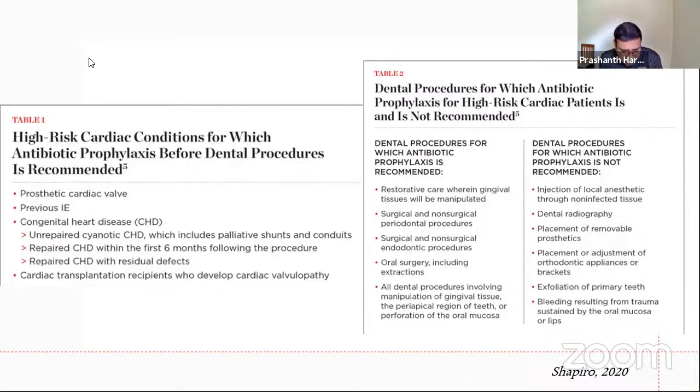This particular point, the manipulation of gingival tissue, is kind of vague, I would say, because, for example, let's say a patient goes in for a periodontal evaluation or just an initial evaluation for periodontal pocket measurement, and there is going to be bacteremia.